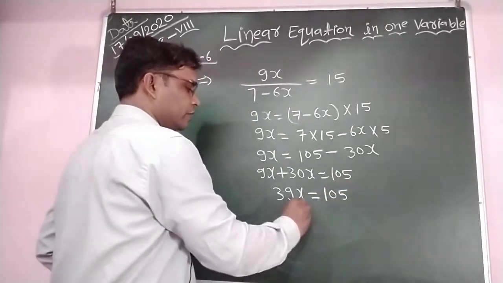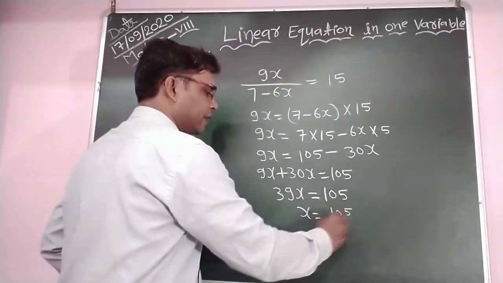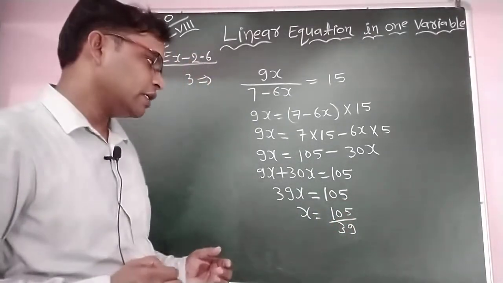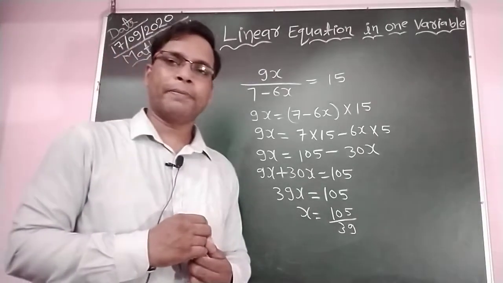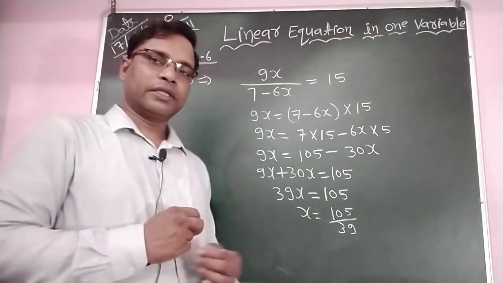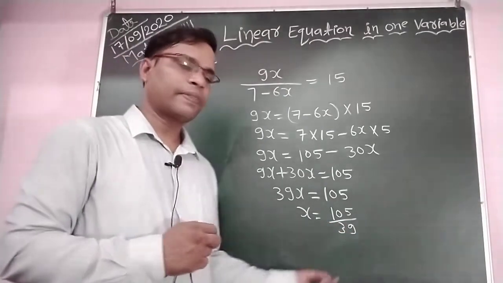Clear? Or you can say x is equal to 105 by 39. Okay. If you divide 39 and 105 by 3, then we obtain here 35. This is 13.